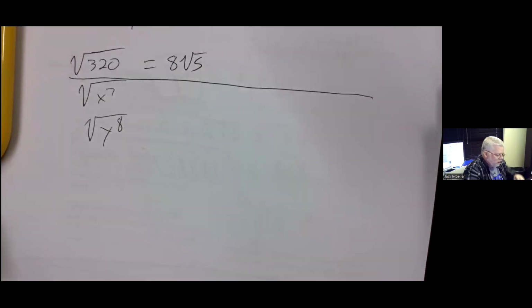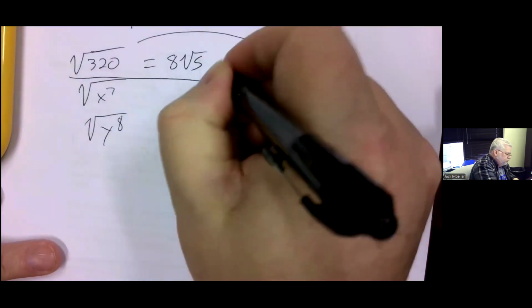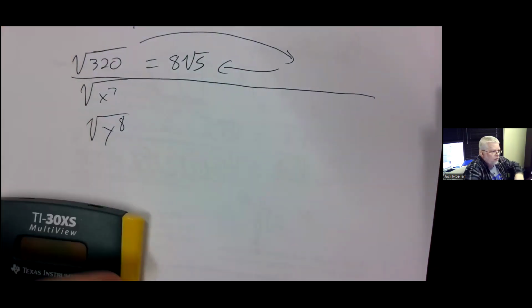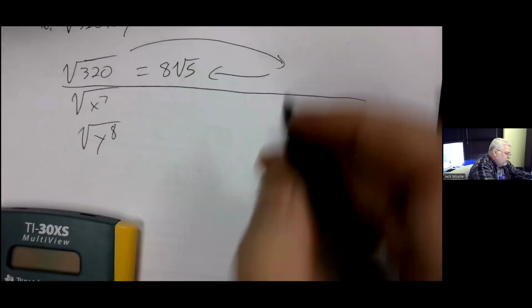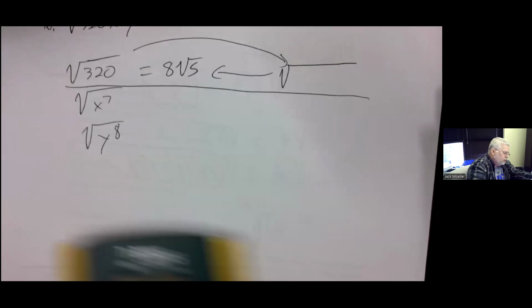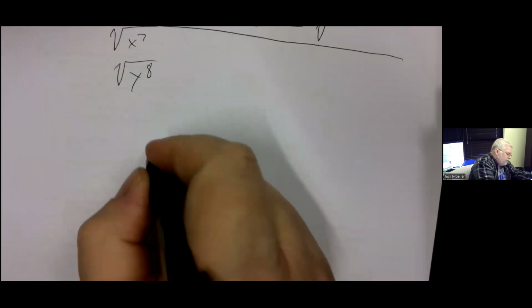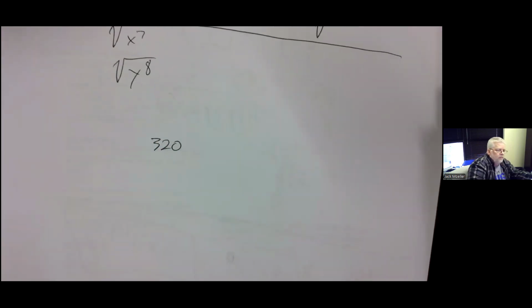Now, where did that come from? Okay. If you don't have a calculator that can do this and you need to reproduce it, think about the grouping method. To do that, you're going to do a factor tree. So give me something that will divide into 320.